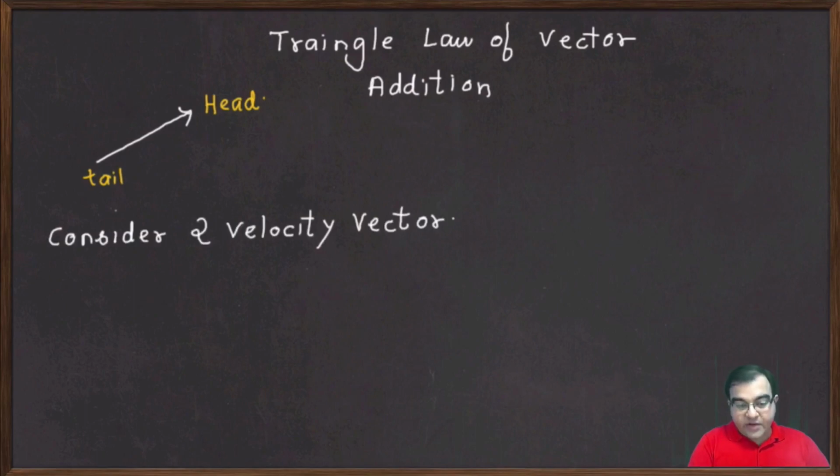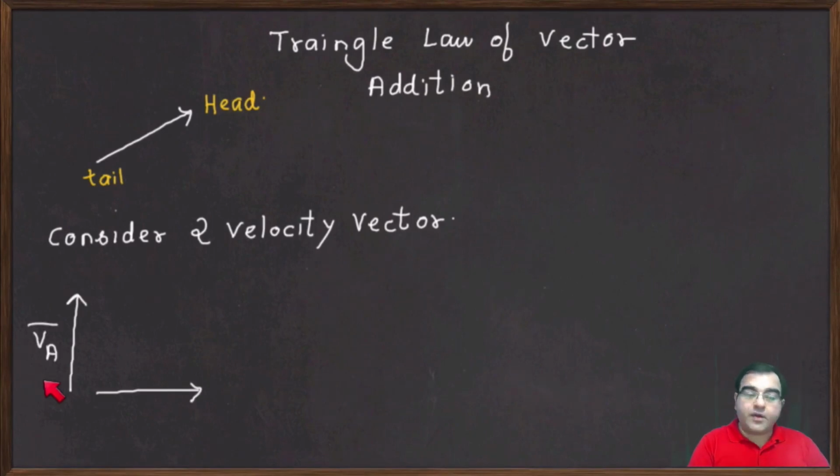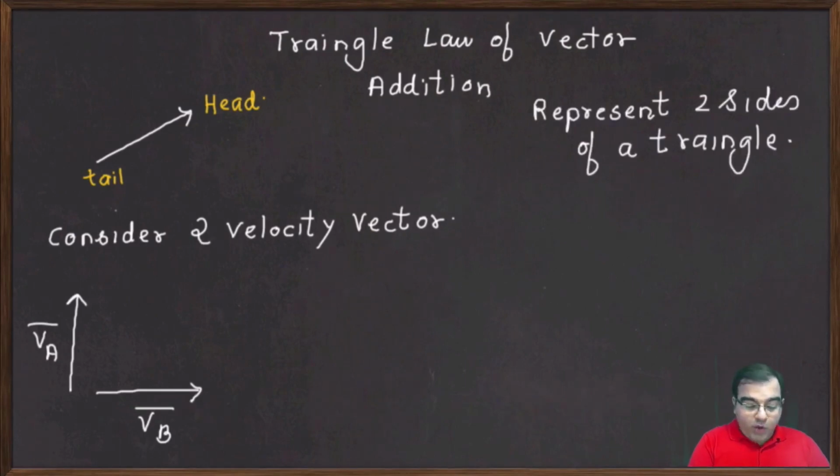Now to understand the triangle law, we will consider two velocity vectors graphically. The first velocity vector is VA bar, which is pointing in the upwards direction. The other velocity vector is VB bar, which is pointing in the rightwards direction. You have to represent these two as the sides of a triangle.